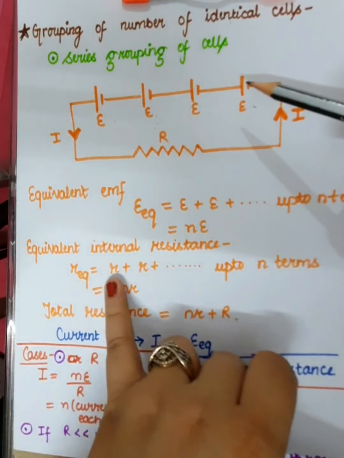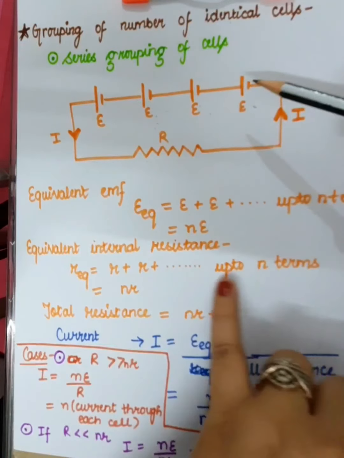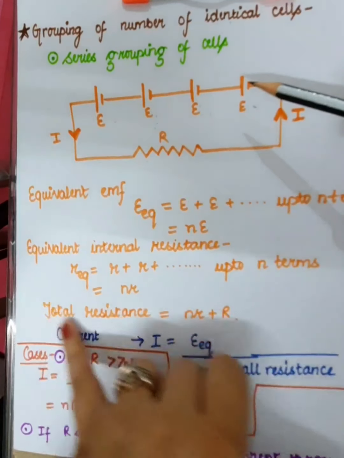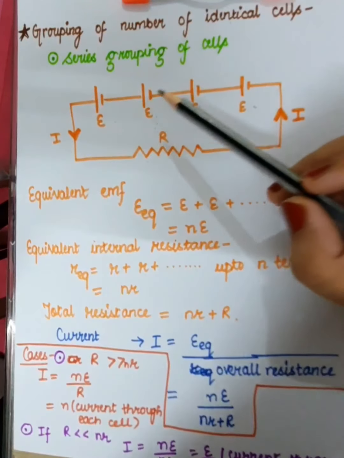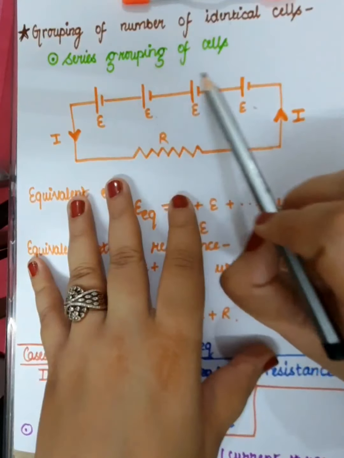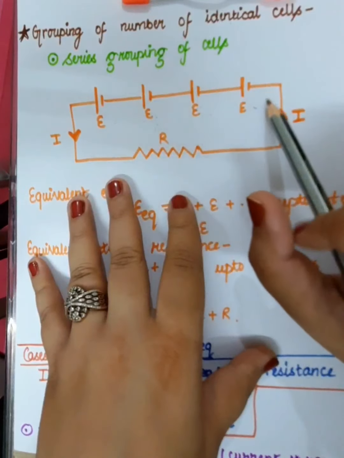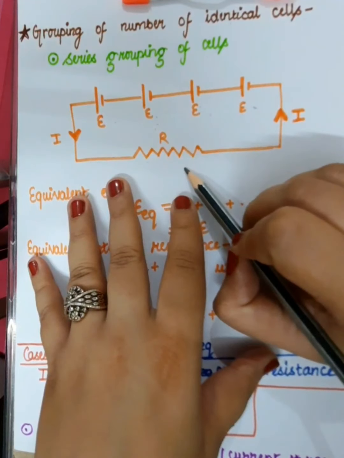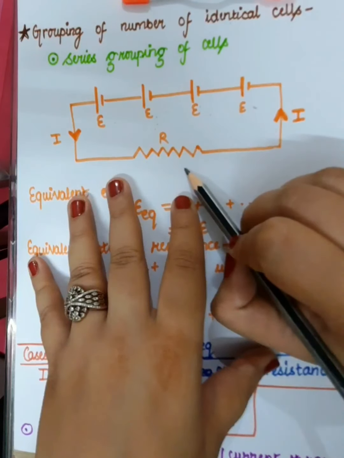So this will be r plus r plus r and so on up to n terms, and it would be nr. So what would be the total resistance? Total resistance will be equal to the internal resistances of all the cells plus this external resistance that you have connected in this circuit.